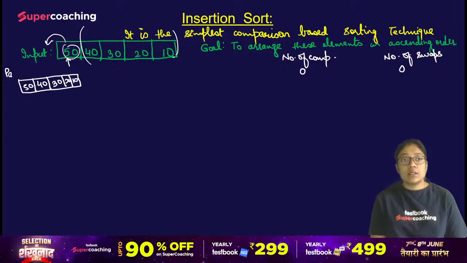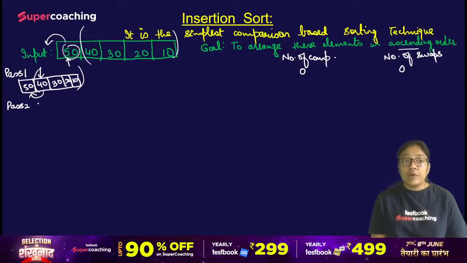This is about pass 1. Pass 2. Now 50 is on its correct position. We have to adjust, take the next element 40. अब हमें 40 को adjust करना है. So what I'll be doing is, I'll be comparing this 40 with 50. So 40 is smaller because I want to arrange the elements in the ascending order. So 40 is smaller than 50.